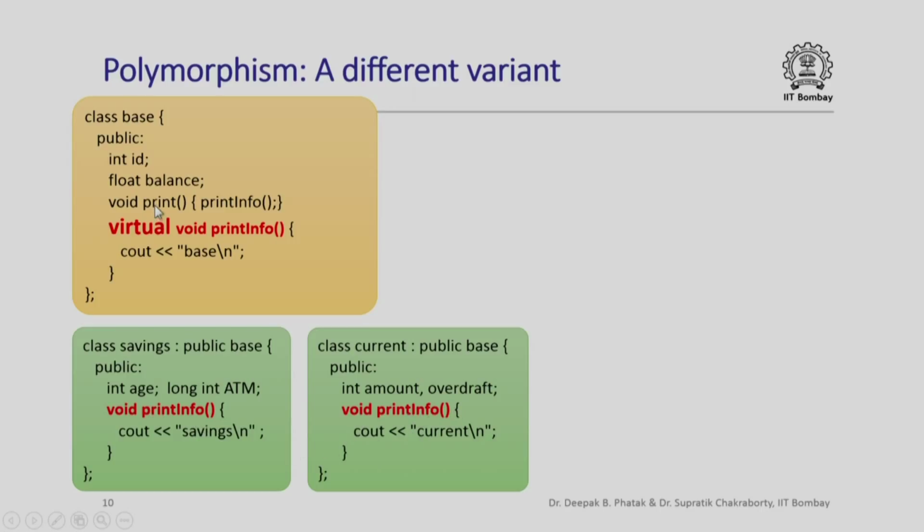Now, this method which is calling print info, and print info being declared as virtual, what method it is really going to call here depends on the context in which I am calling this method print.